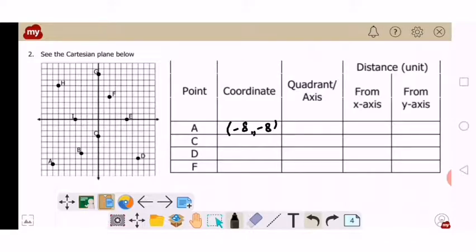And then coordinate C, it's perfectly on the y-axis, so of course the value of x is 0, and the value of y is negative 3.